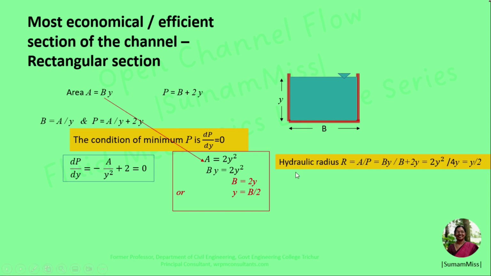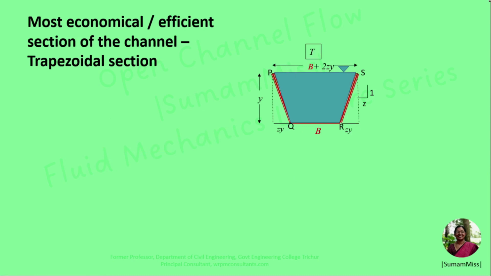Now let us discuss the most economical or efficient section of a trapezoidal section. A trapezoidal section is always preferred in earthen channels so that the side soil can stand safely. In soft soil, flattened side slopes are employed.